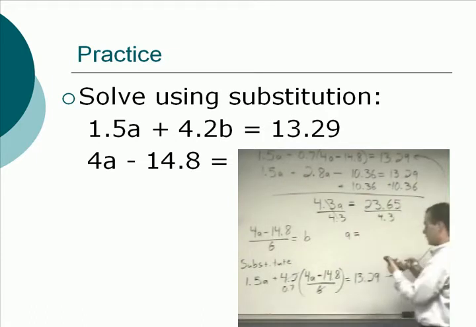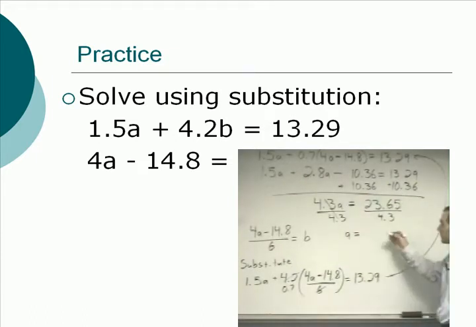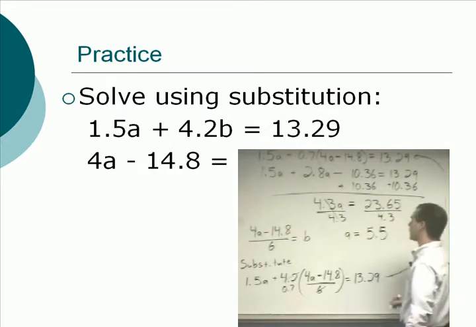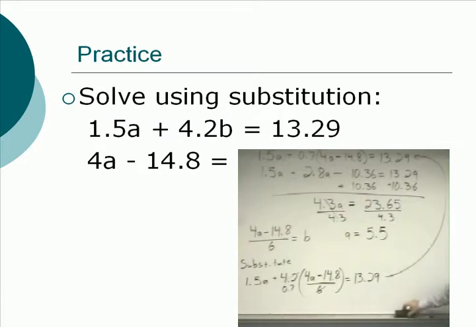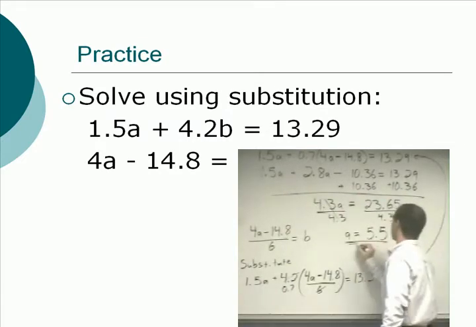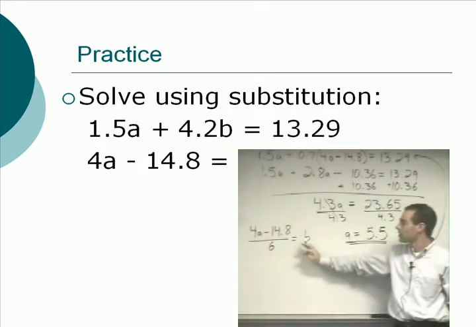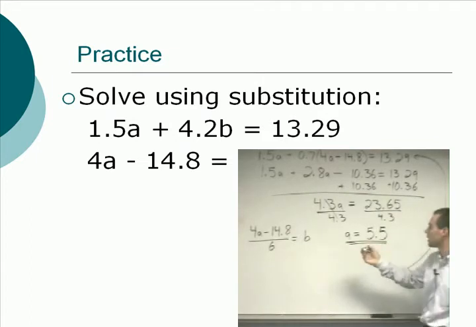A equals 5.5. Okay, so we're half done. Now we can go back to what we have right here. We know that b is 4a minus 14.8 over 6. We know what a is. We can find b.